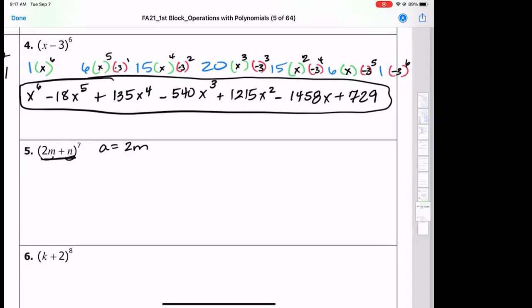Don't forget to put your name on it and date it. It can be m and n, or it can be x and y, either one.